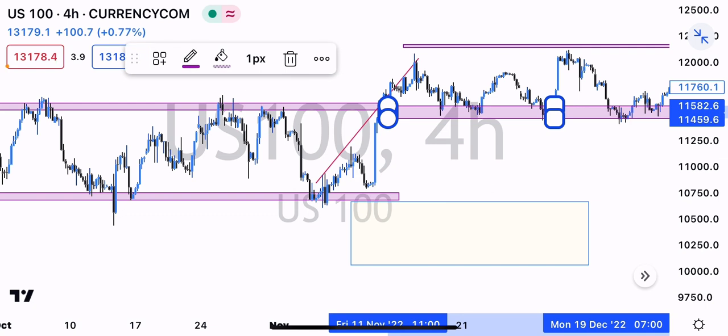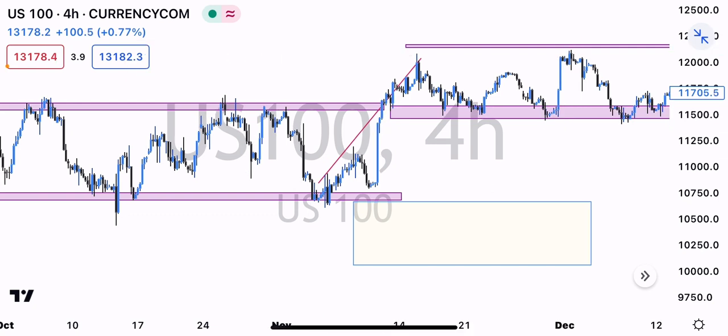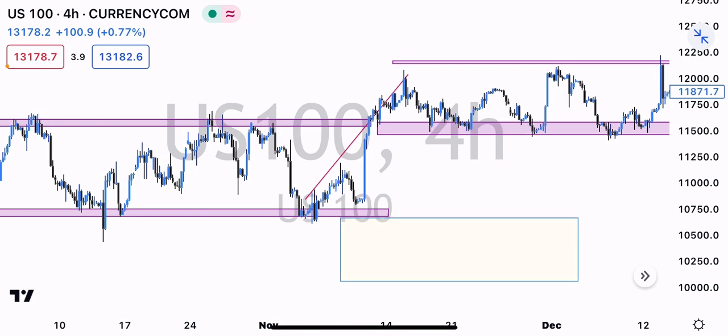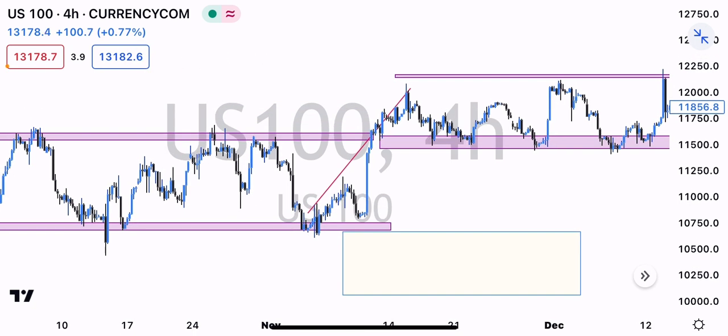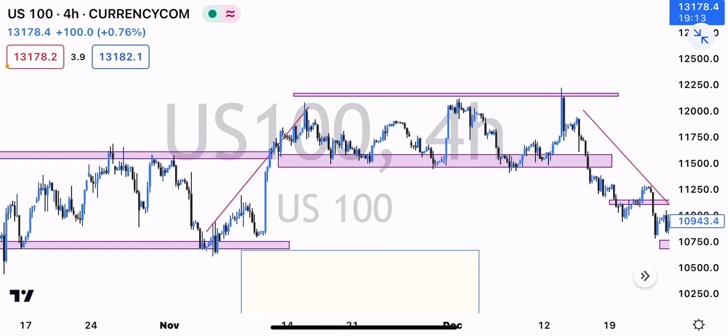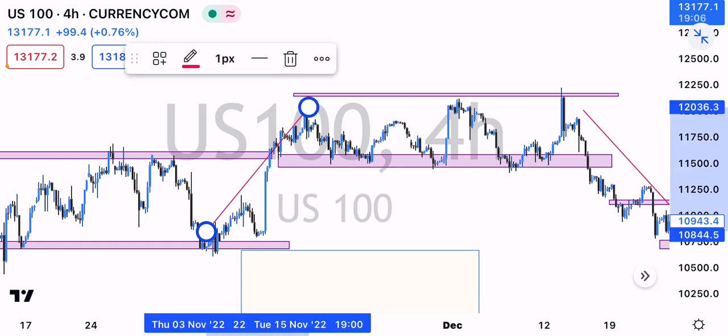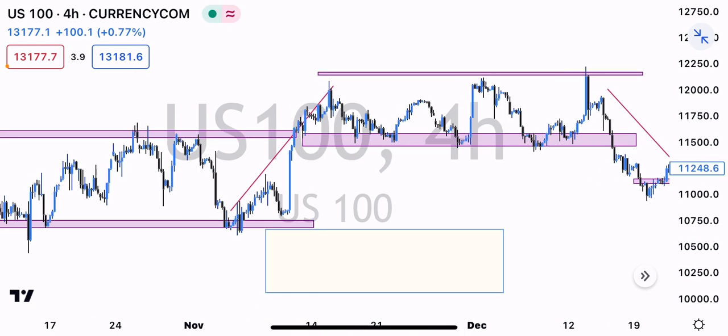Then it also formed a resistance up here. You see? So that's how the market moves, in a form of consolidation and a breakout. So after breaking out here, then it consolidated again.